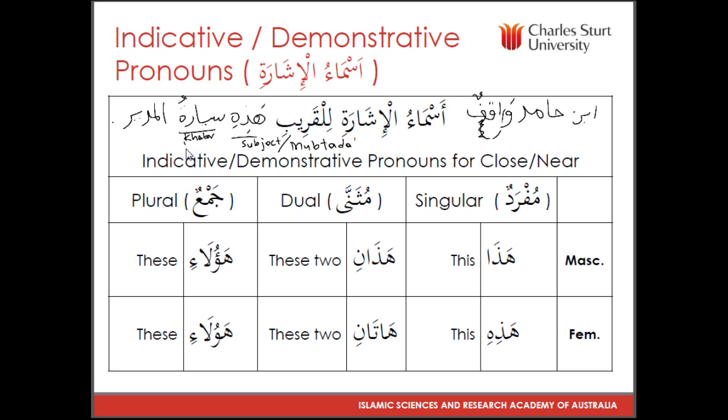Ma hadihi, pointing out an object. Look, if you are pointing out a person, who? If you are pointing out an object, the question is what? Man hadihi, who is this? Ma hadihi, what is this? Is that also for masculine as well?